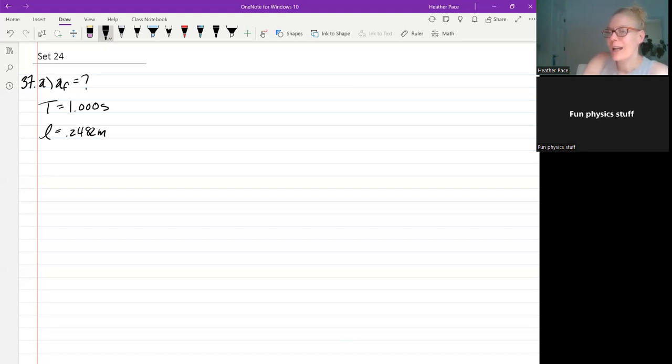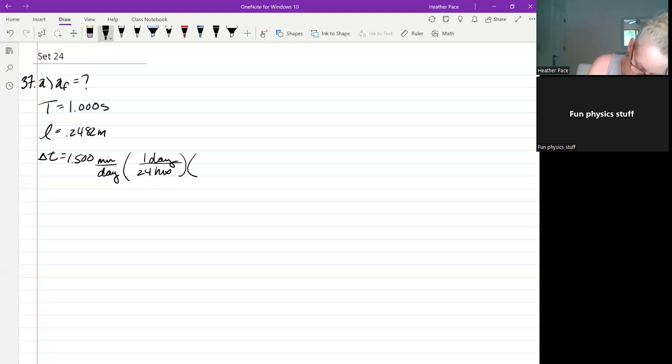And we have a running slow time, so we have a delta T equals 1.500 minutes per day. And we're going to change that right away. So we've got 1 day, it's 24 hours. You know what? Let's get rid of this and just do this, that's kind of messy looking.